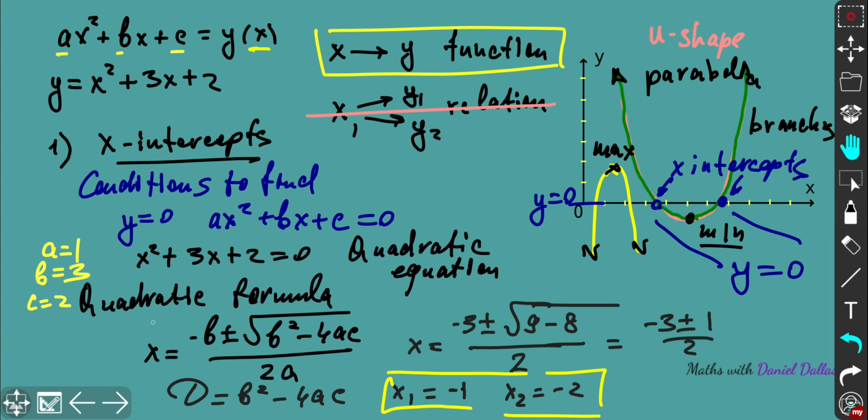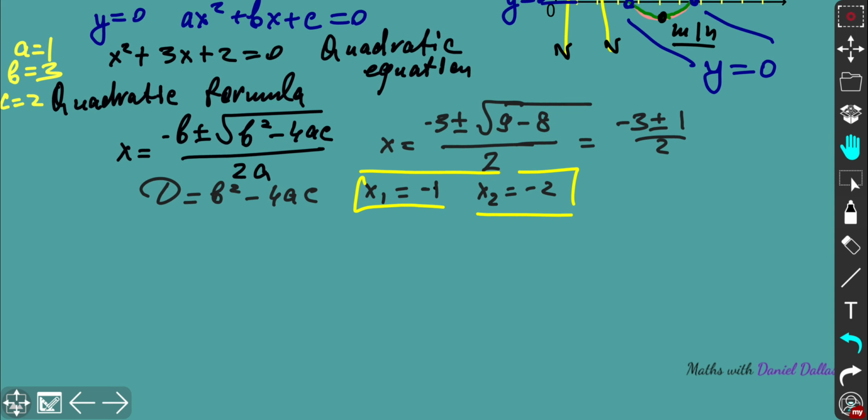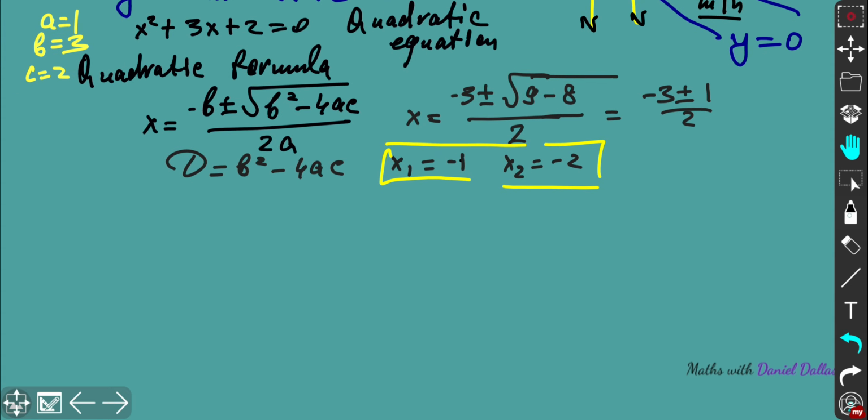This is an alternative way instead of using the quadratic formula: using factorization. So let's try to factorize x squared plus 3x plus 2. Just remember how to solve quadratic equations. The way I prefer is (x plus a)(x plus b) equals 0. Now pretend you would like to expand this expression.